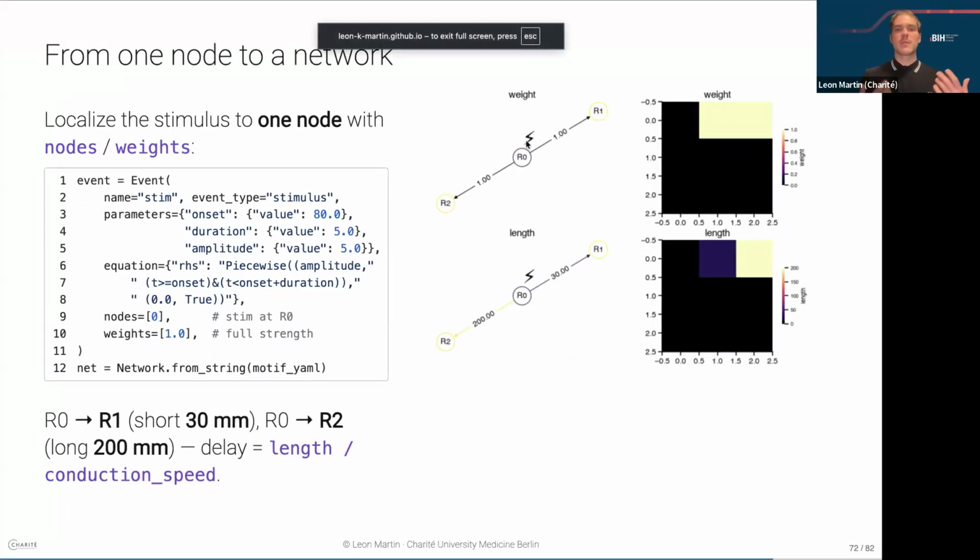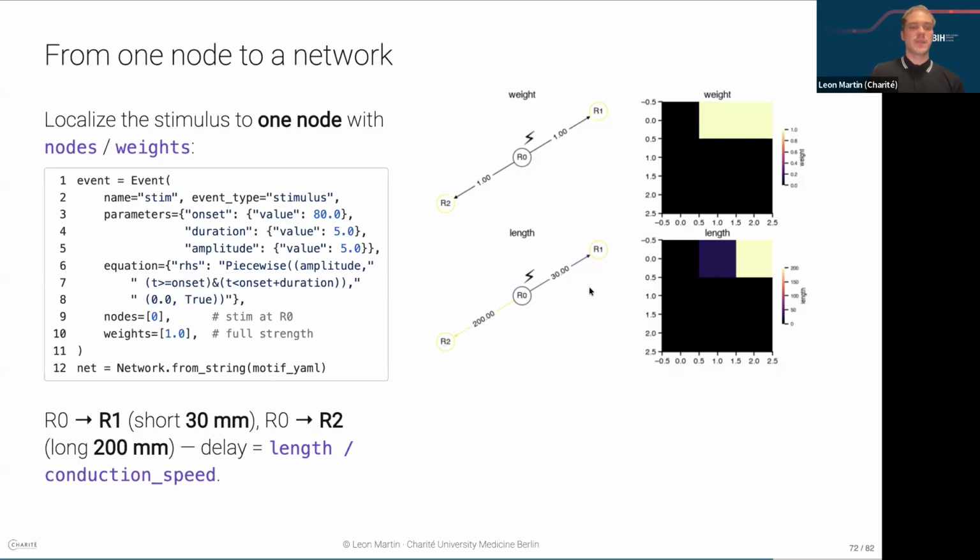how the stimulus now propagates, right? So we have one node where we give a stimulus, and this has two adjacent nodes connected with the same weight and different lengths. So the delay between those nodes is different.